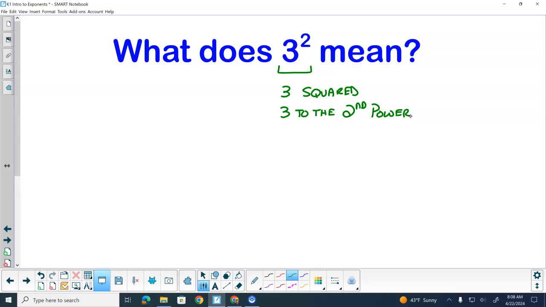For those who didn't hear, she said, don't you multiply, wait, never mind. So, what do you think 3 squared means? 3 times 3?